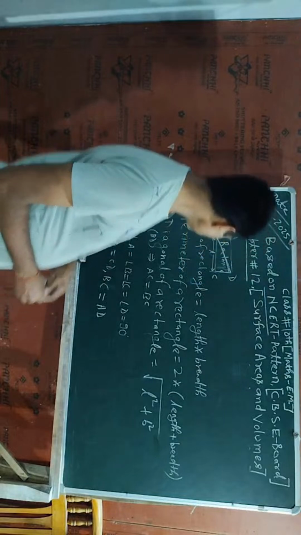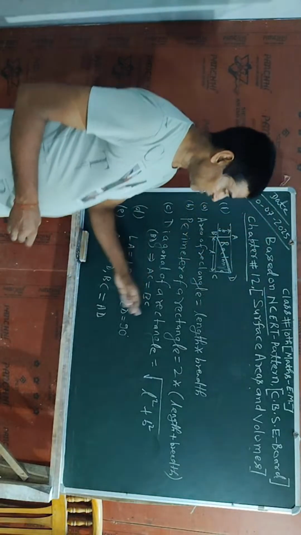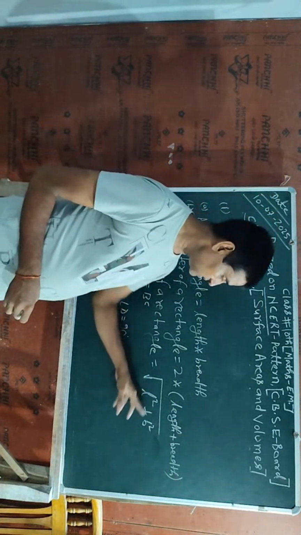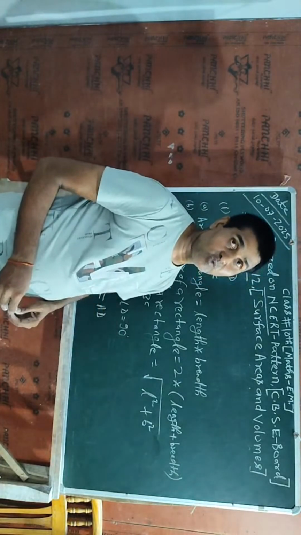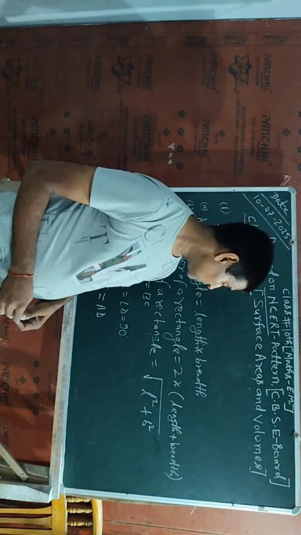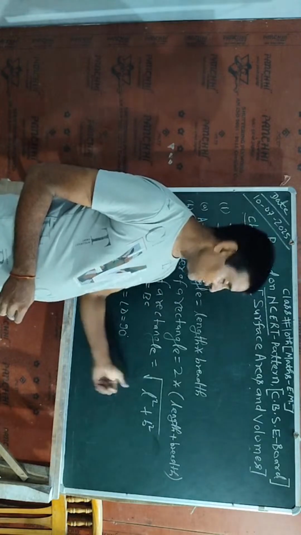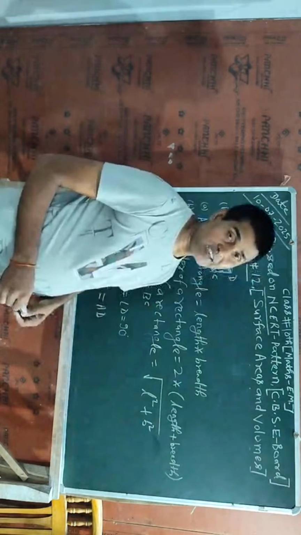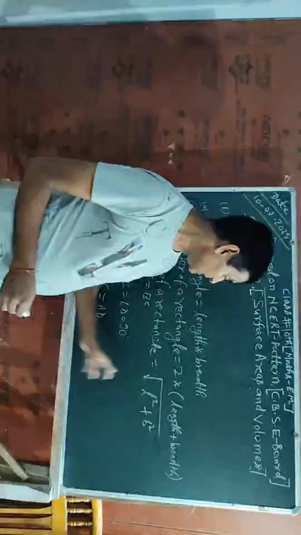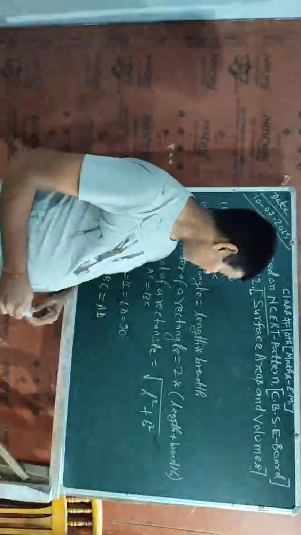Similarly diagonal of the square is the square root of a square plus a square. Its value will be root under 2a square, so a will be common, so I can write a into root 2, where a is the side of the square.